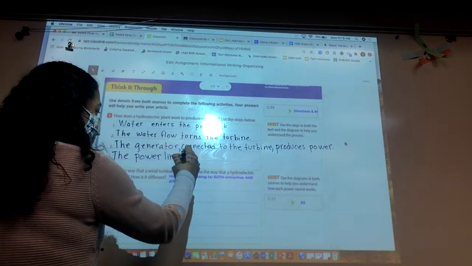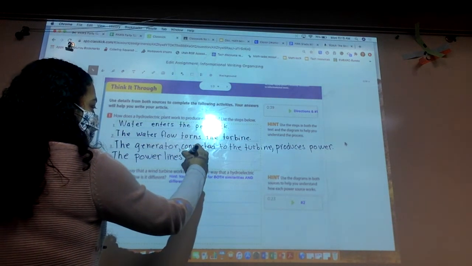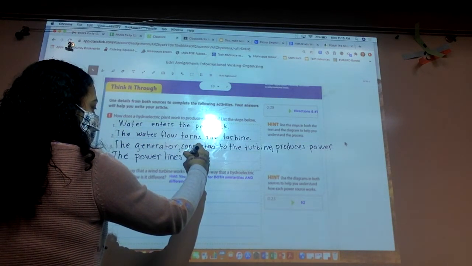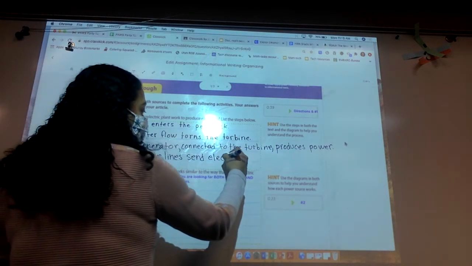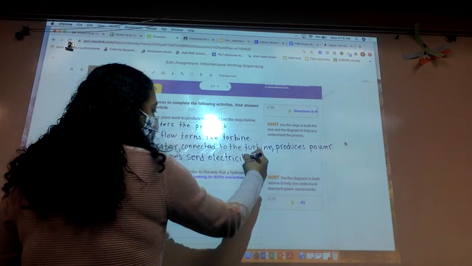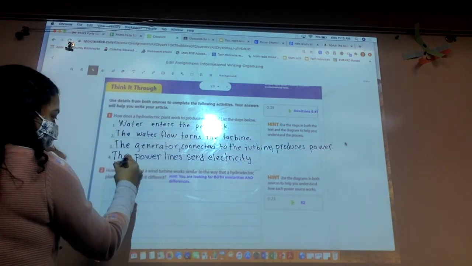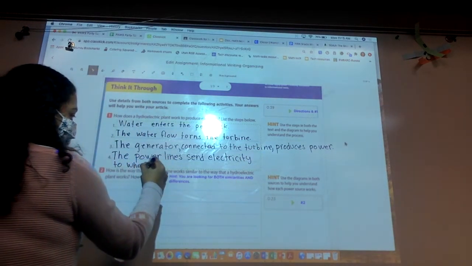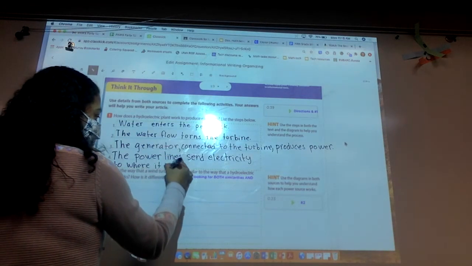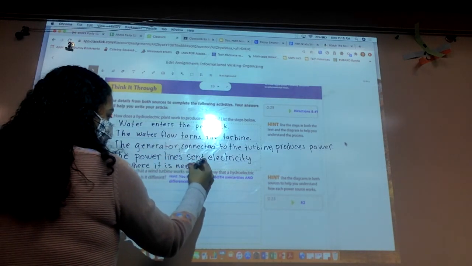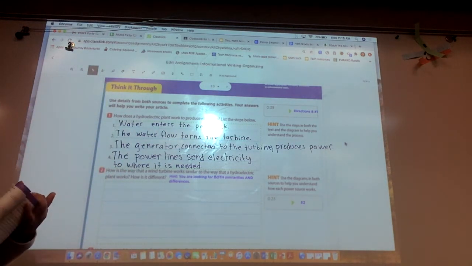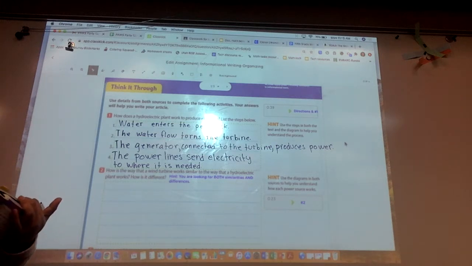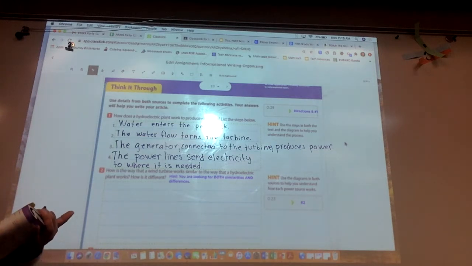The power lines send electricity to where it is needed. Period. Okay? Thank you, Thomas. Keep writing. Those are the 4 steps.